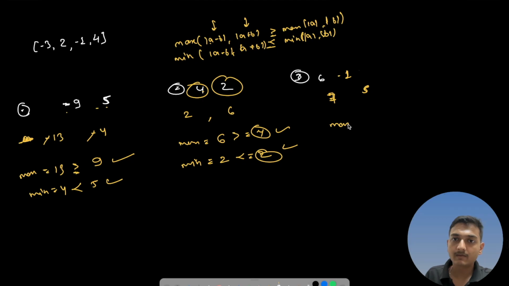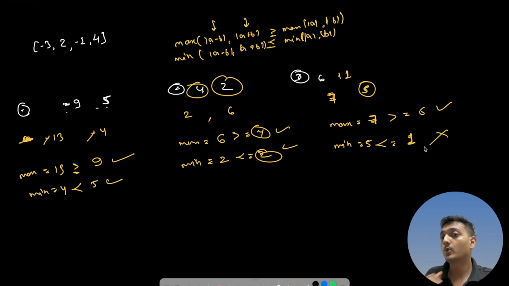What is the maximum value? Maximum value is 7, and the minimum value is 5. Is 7 greater than or equal to 6? Yes, it is. Is this 5 less than or equal to the minimum of the absolute values, which is 1? Is this satisfying? No, this is not satisfying.